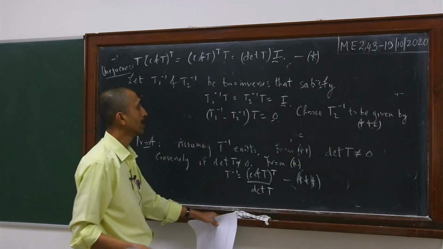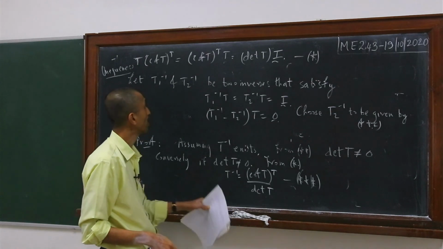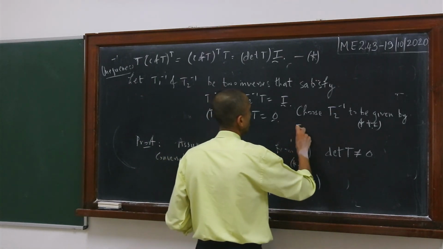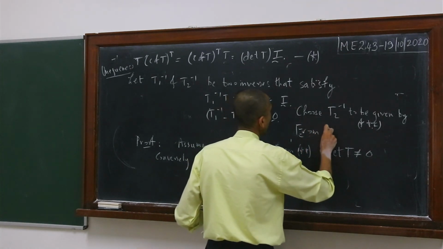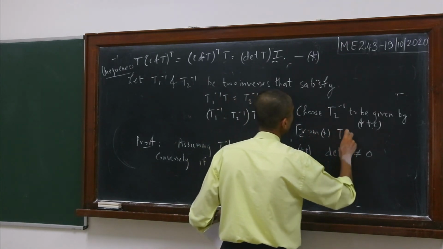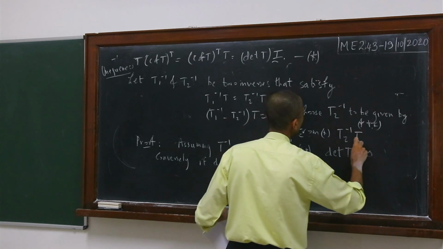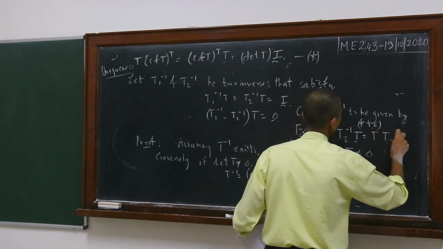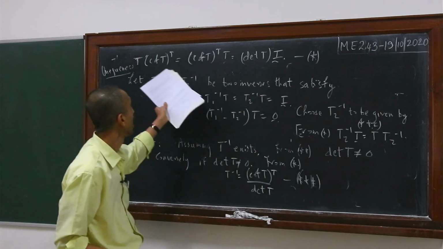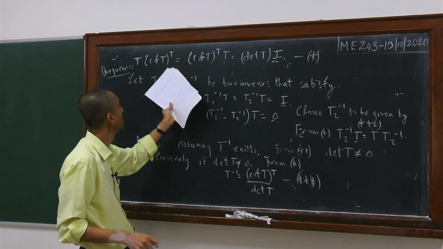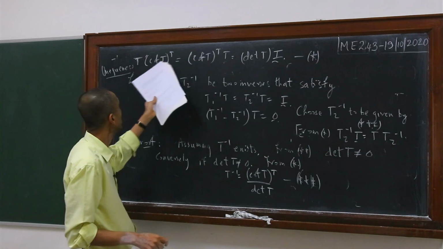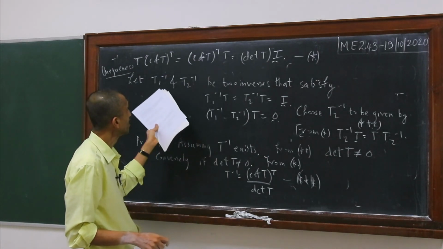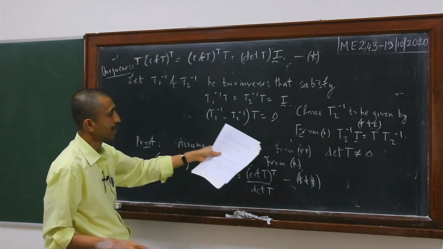Then, because from star I know that T2 inverse times T is equal to T times T2 inverse, because I have this relation, cofactor T transpose times T is T times cofactor T transpose, I will get T inverse T equal to T times T inverse for T2.